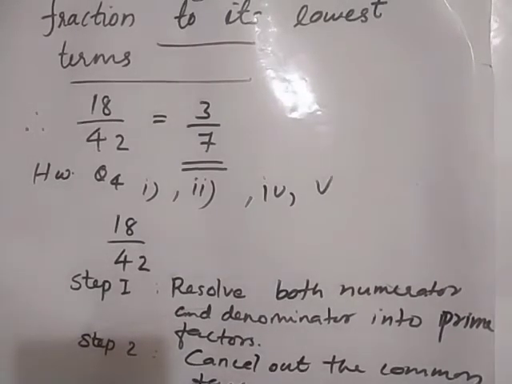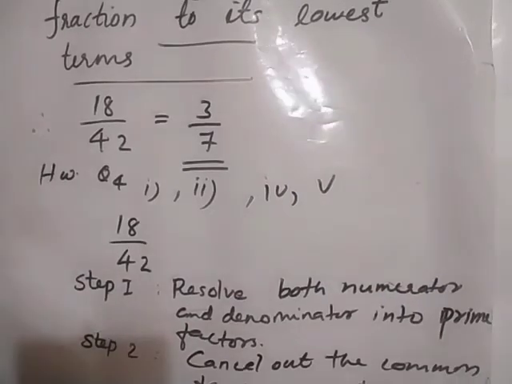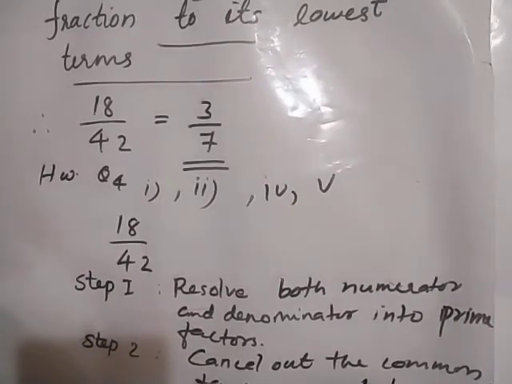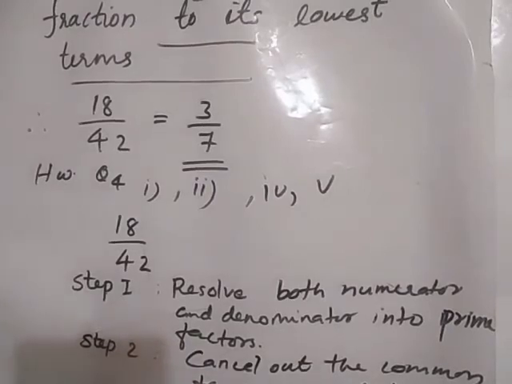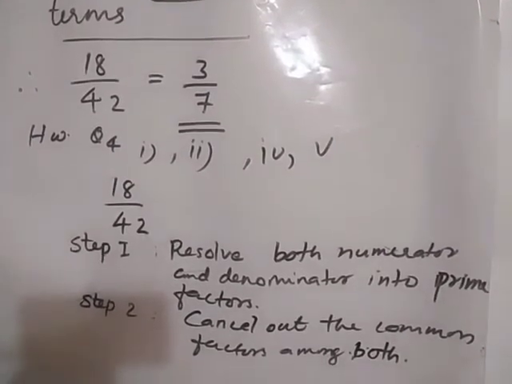So we can calculate the reduced form. We cancel out the common prime factors among both the numerator and denominator to obtain the reduced form.